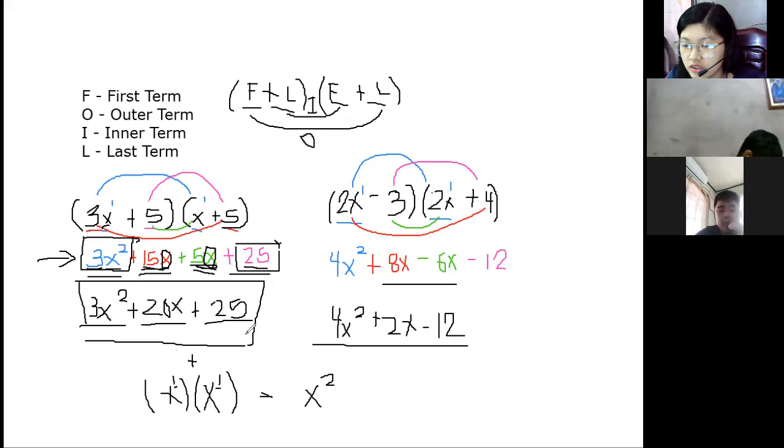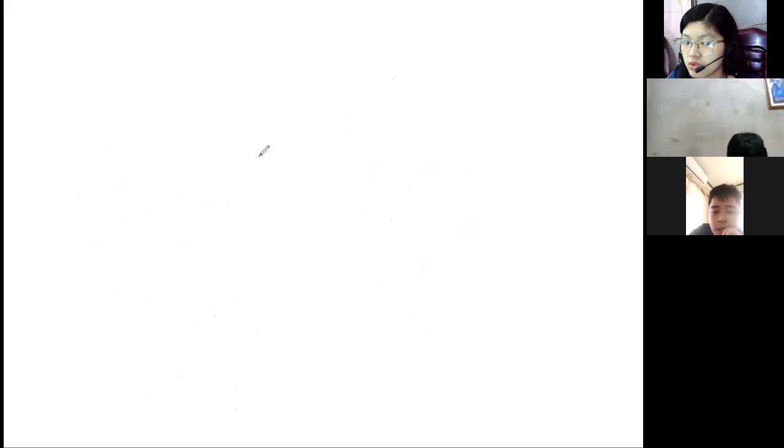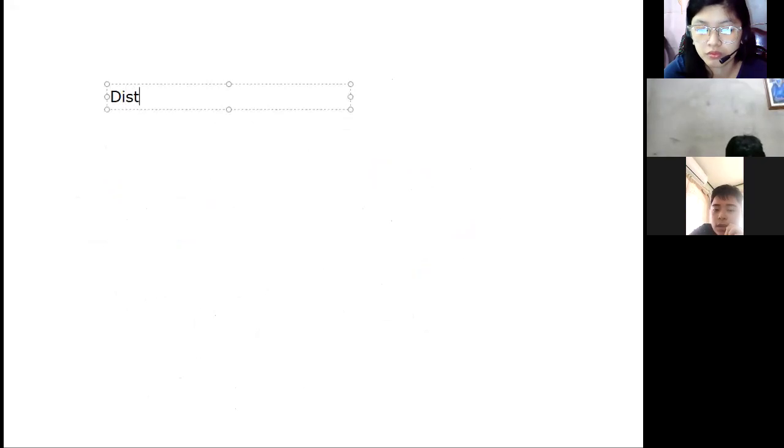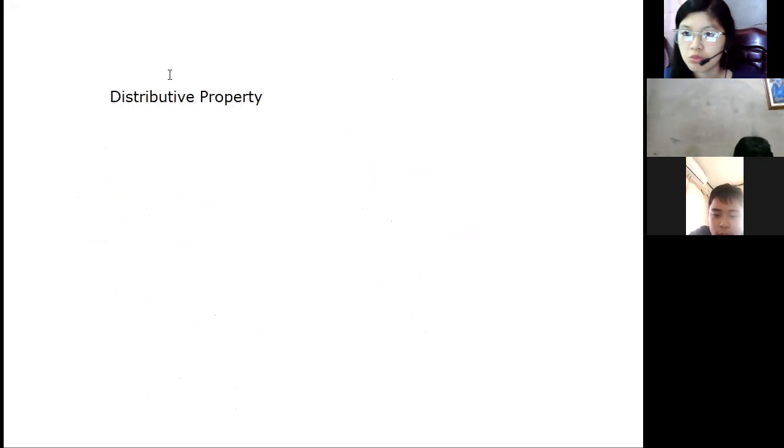Naintindihan na, Brian? Opo. Next. Paano naman kapag gamit yung distributive property? Ito yung sinasabi ko sa inyo, kapag distributive property, ito yung isang term, monomial, i-multiply siya sa dalawa o higit pang terms.